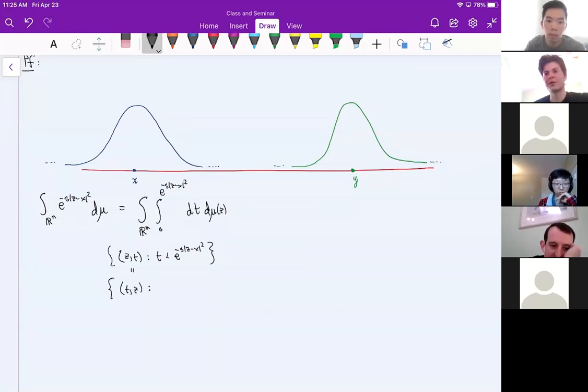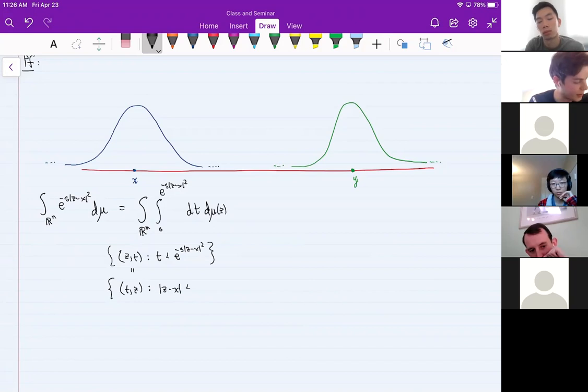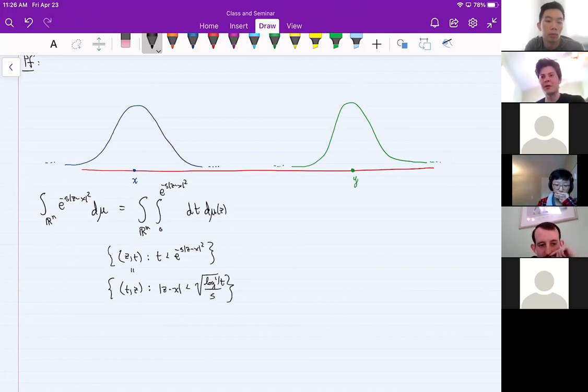And this time solving for z minus x, I'll just write it down instead of doing out all the calculations: this thing is equivalently |z minus x| is less than the square root of log(1/t) over s. Okay, so this is just solving this thing for z minus x.